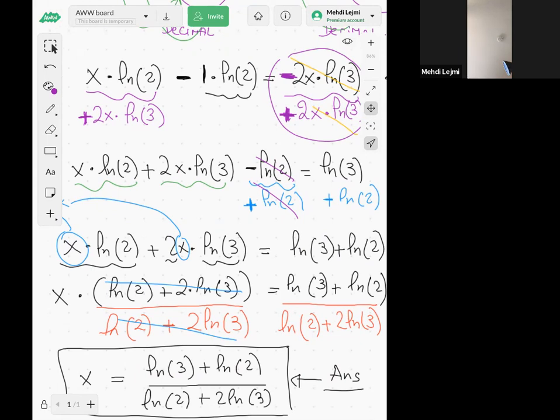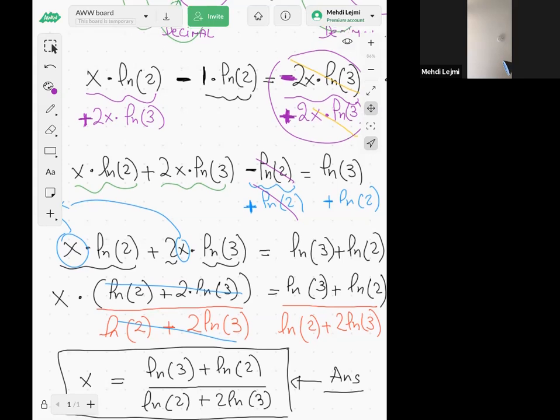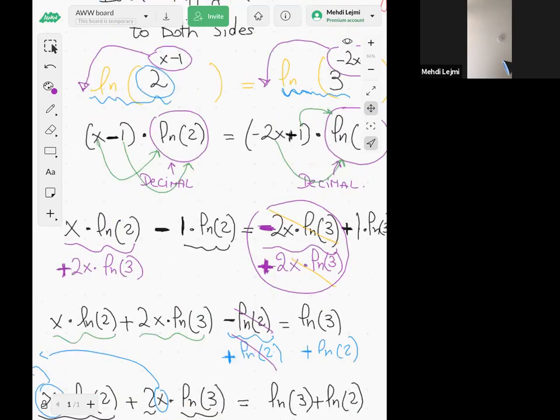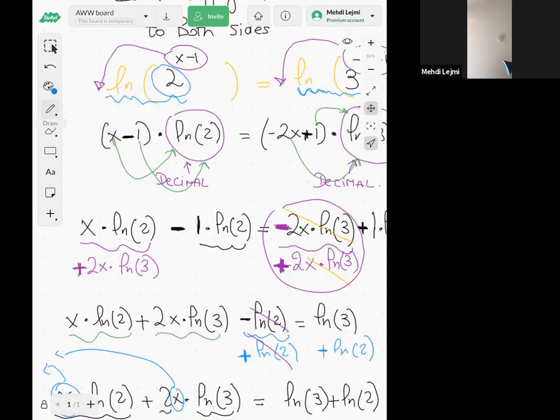Well, of course, but in this step here, instead of adding this 2x natural log of 3, you can, for example, subtract this x natural log of 2, so then you can move the x's on the right side instead of the left side.